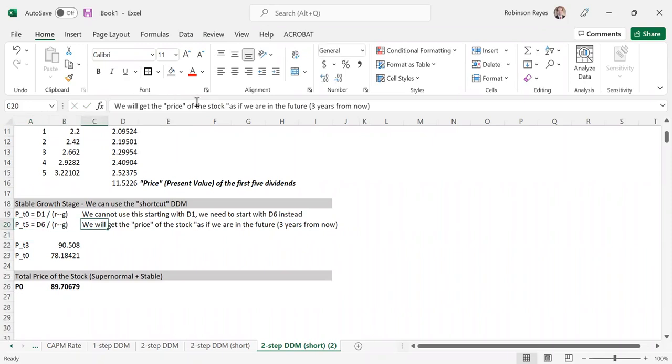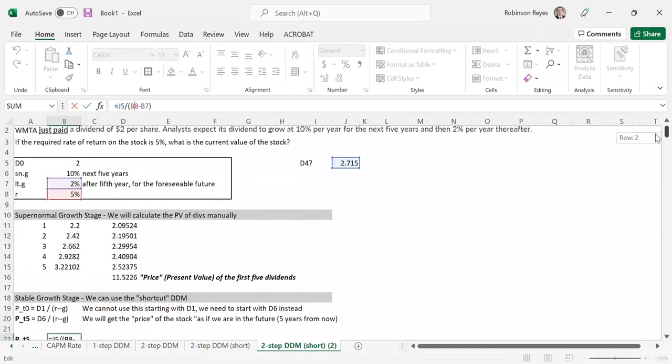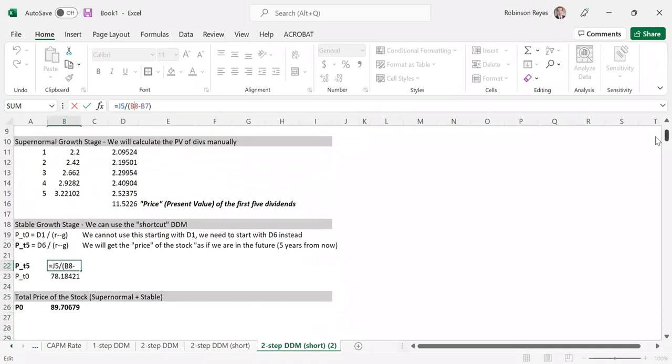Now we will get the price of a stock as if we are in the future. This is intuitive, don't quote me on this. And then this would happen 5 years from now, PT5, right? So now we have PT5 instead of PT3.